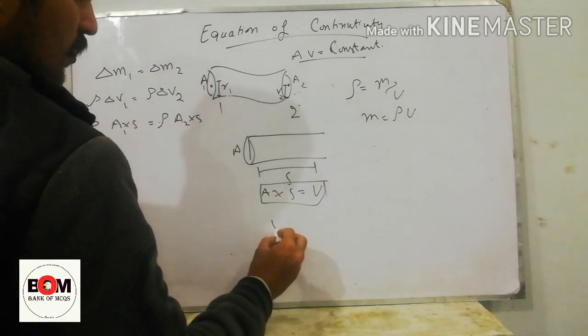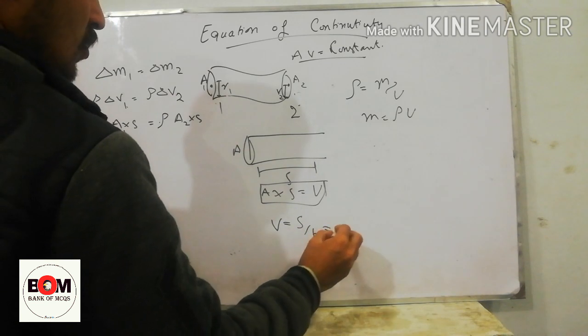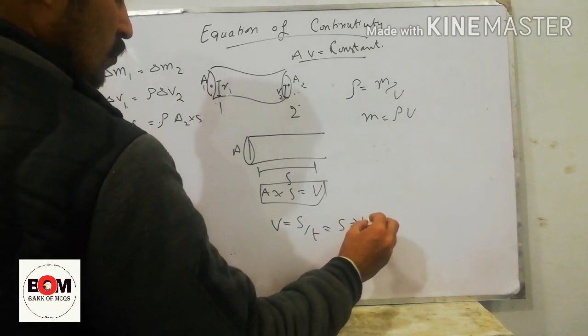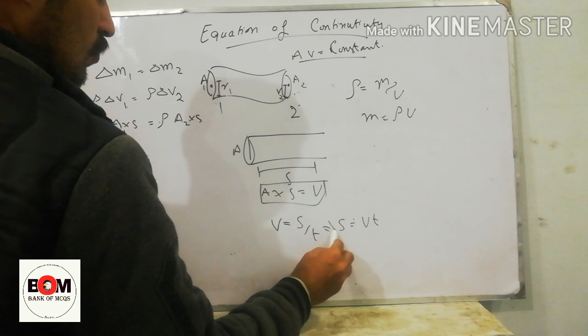Now from the equation V is equal to S divided by T, we get S is equal to Vt.